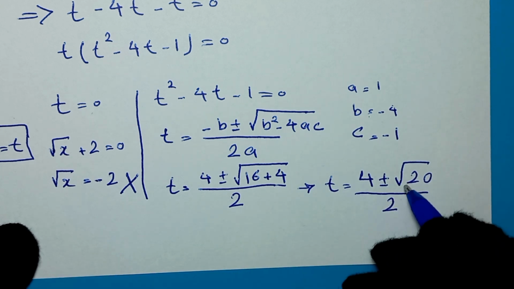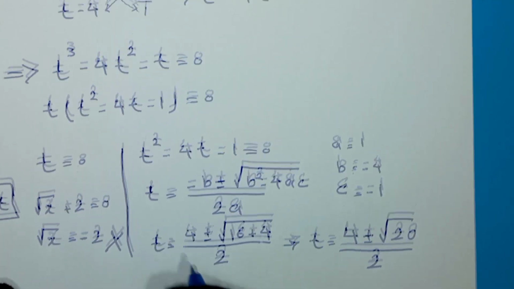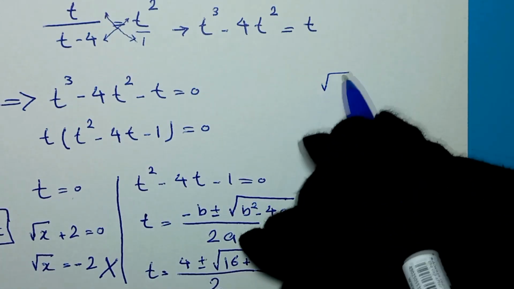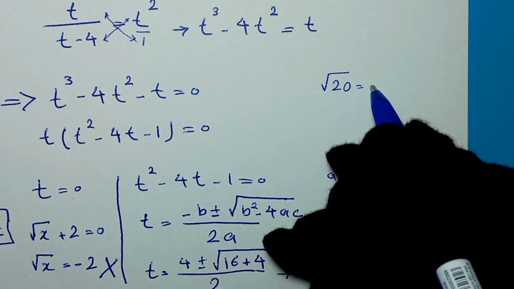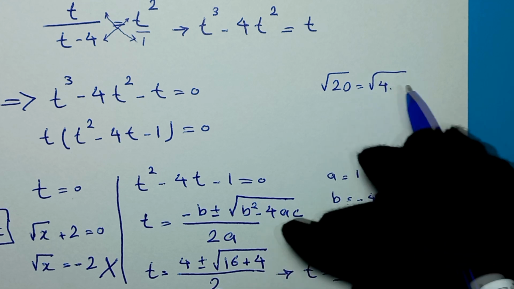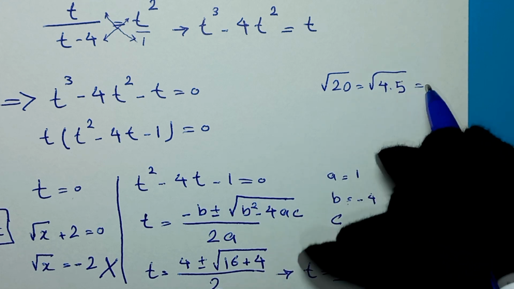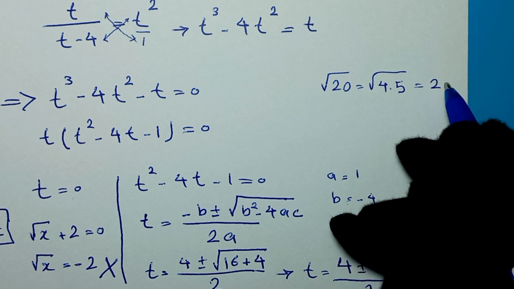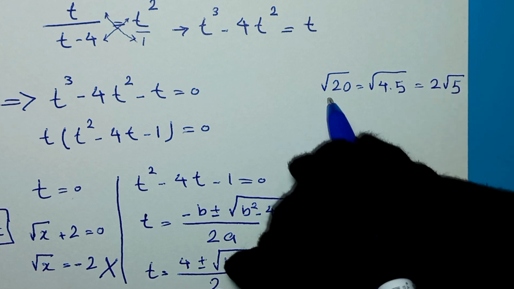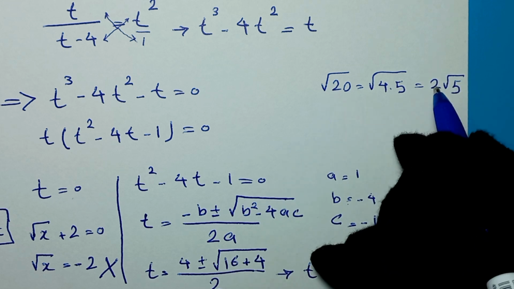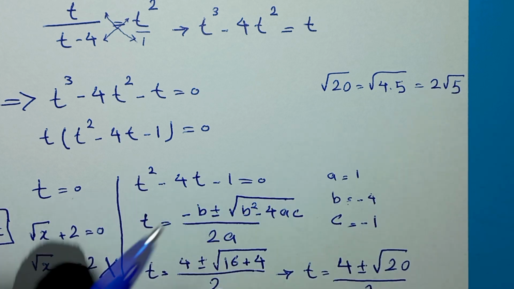And square root of 20 we write in here, square root of 20 is equal to square root of 4 times 5. And this is square root of 4 is 2 times square root of 5. So square root of 20 is equal to 2 times square root of 5.